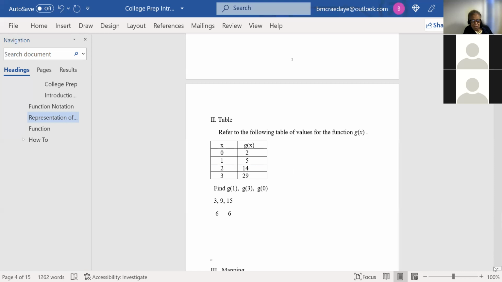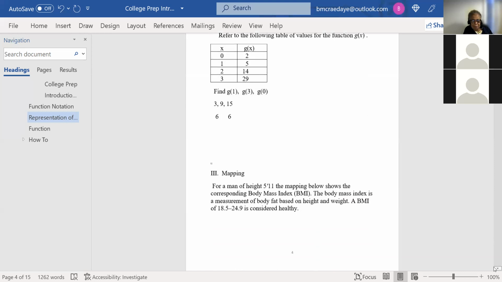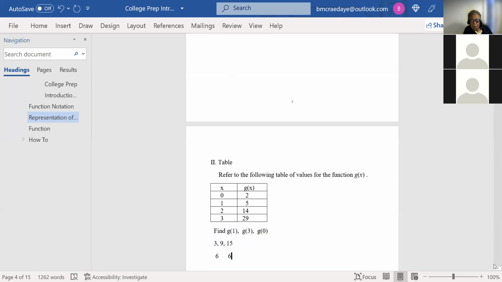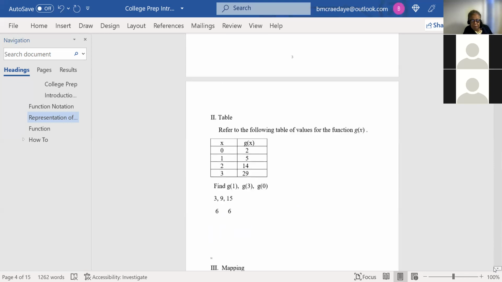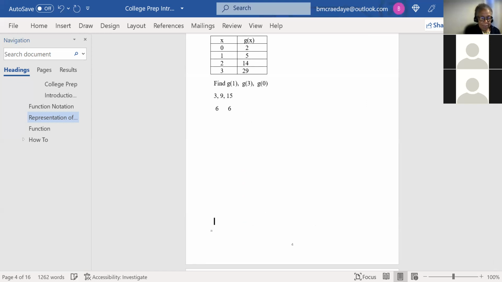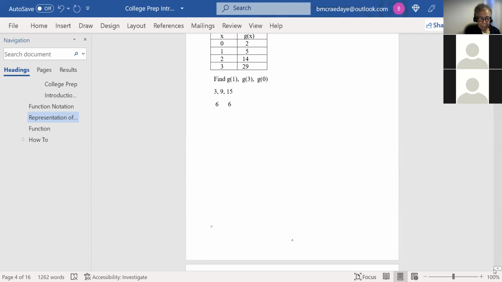Now, let's look at mapping. I want to look at mapping in an example. Let me go to mapping and put that all on one page. Now, this mapping refers to body weight and height.